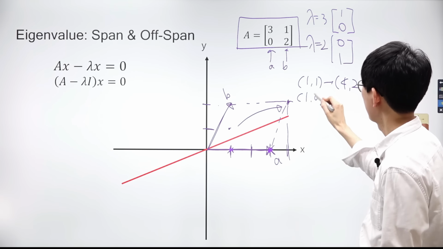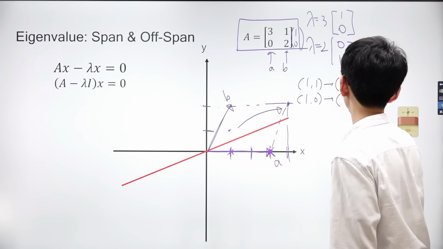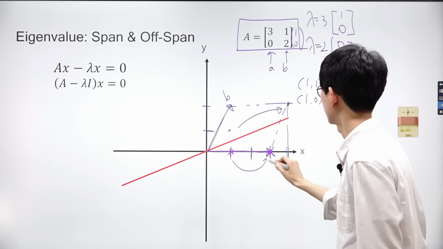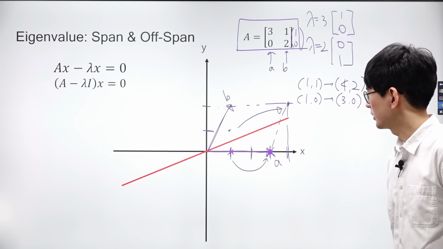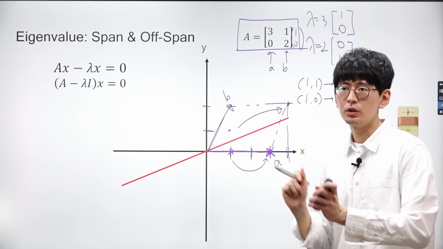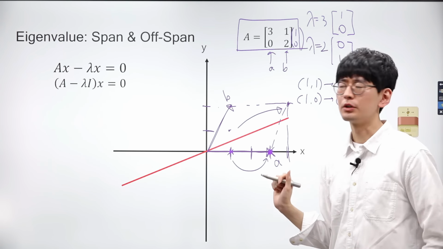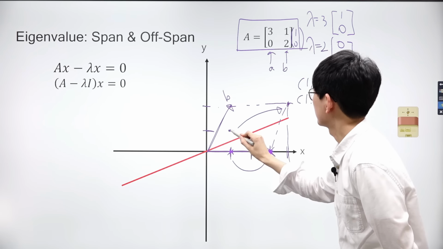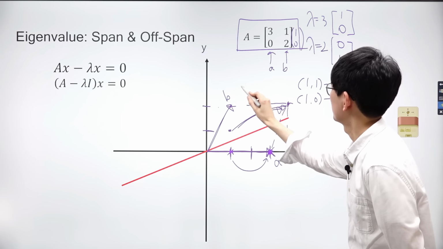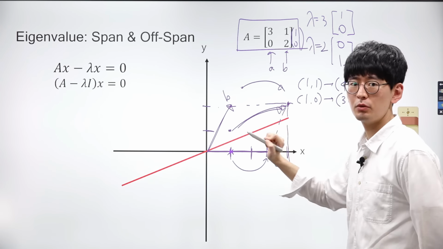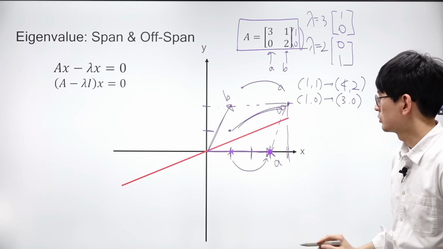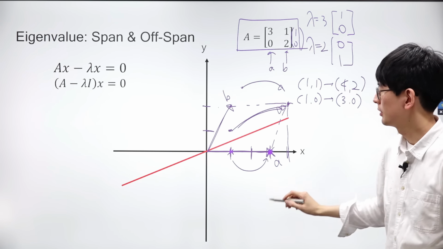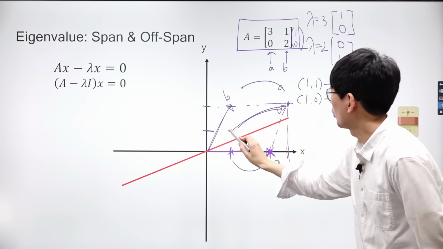What about coordinates 1, 0? They will be shifted to new coordinates 3, 0. Using the matrix, we can transform a coordinate space and compare changes in coordinates on the plane. There's something important to pay attention to here. Some vectors on the plane will remain on the same line even after their coordinates have been shifted by a matrix.